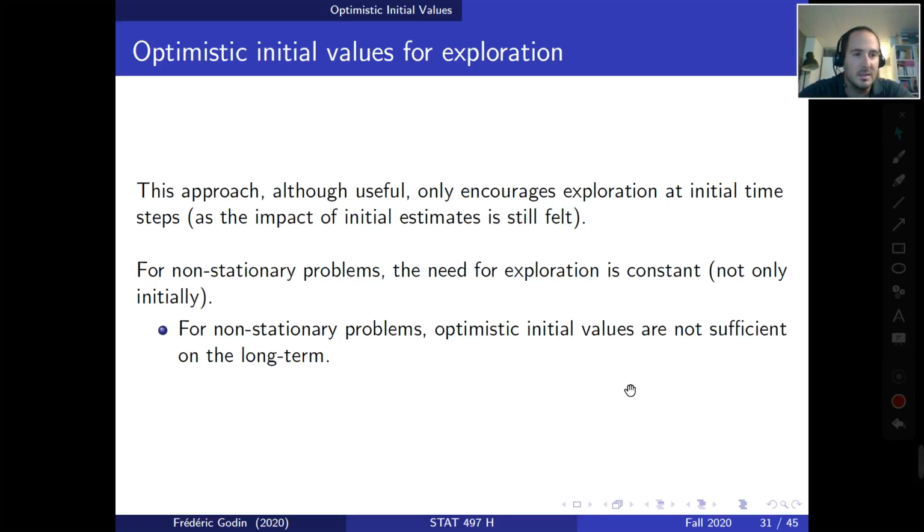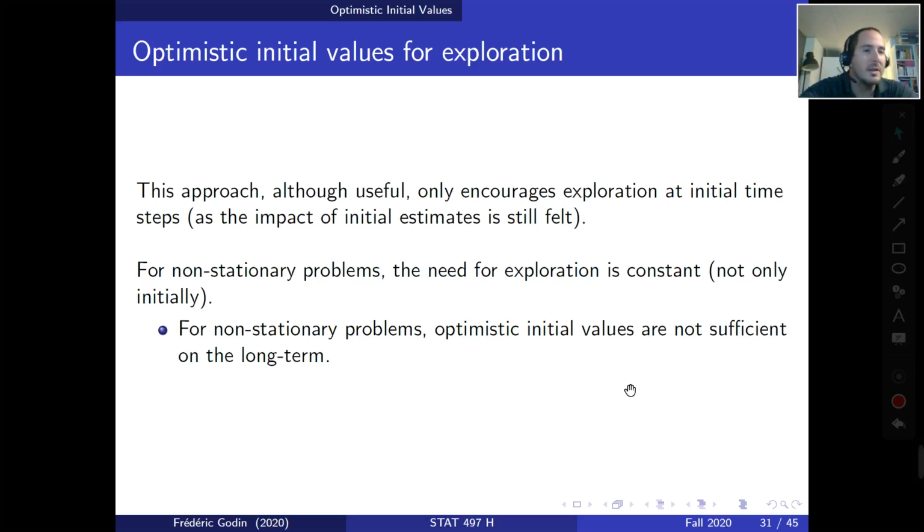But after that, the estimates should eventually stabilize around the true expected value for all actions. However, if you have a non-stationary problem, the need for exploration is constant.